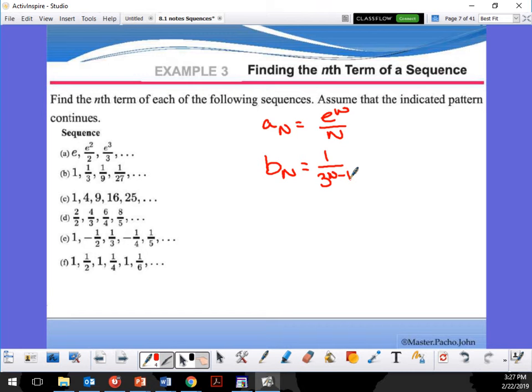Okay. Now let's take a look at C of n. That one should be easy.